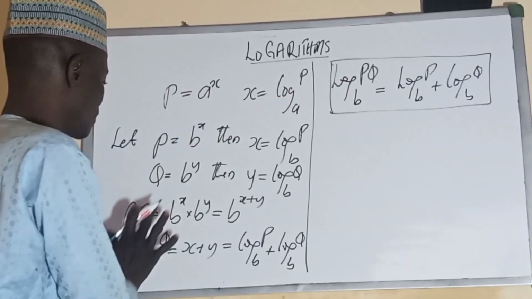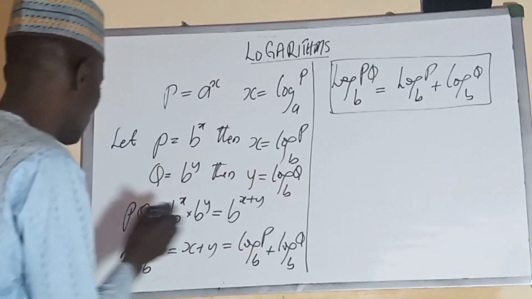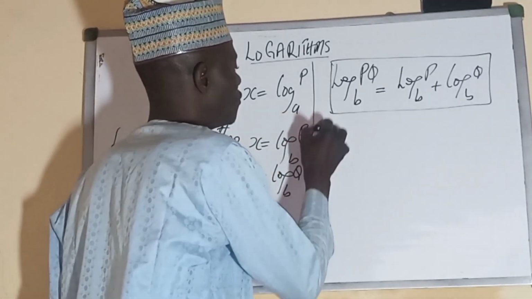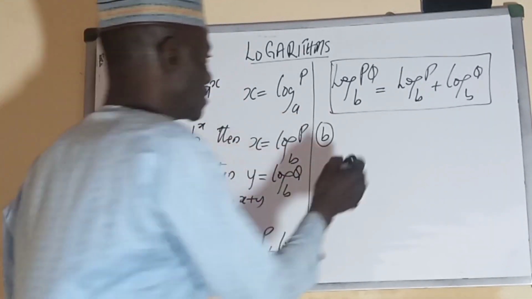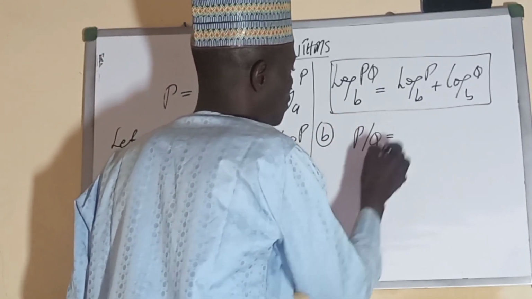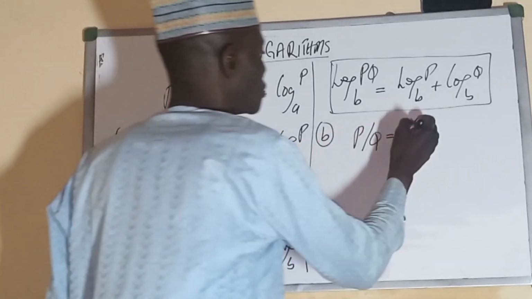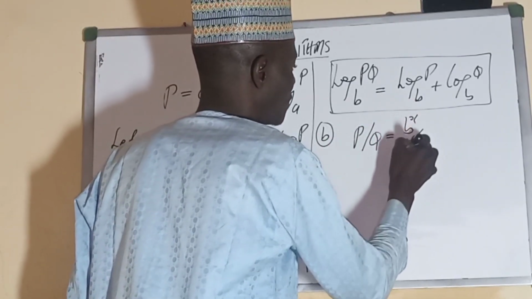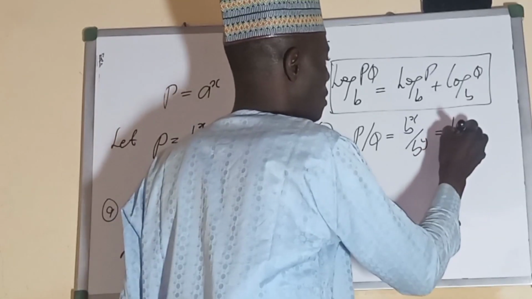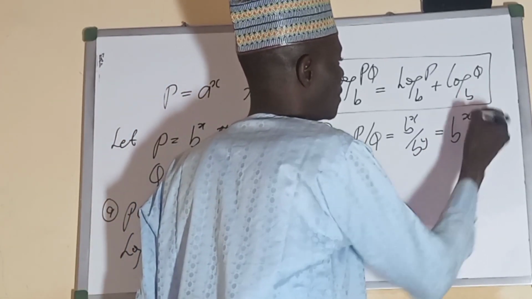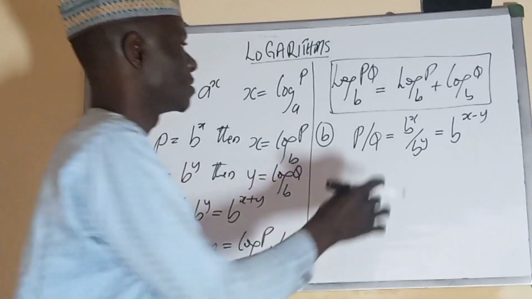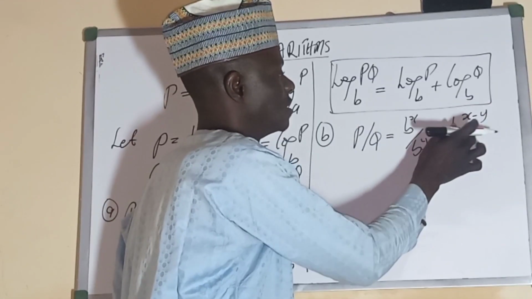Let's assume we call this one a, and if we are to prove b, let's assume we have p divided by q. p over q is going to be b power x divided by b raised to the power of y, which is equal to b power x minus y, remembering our indices.